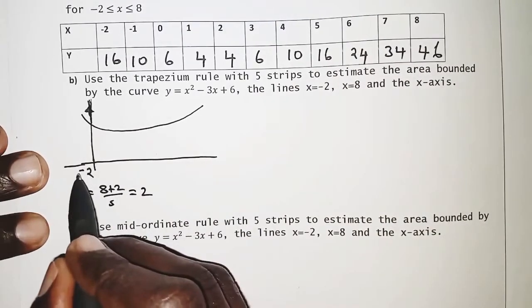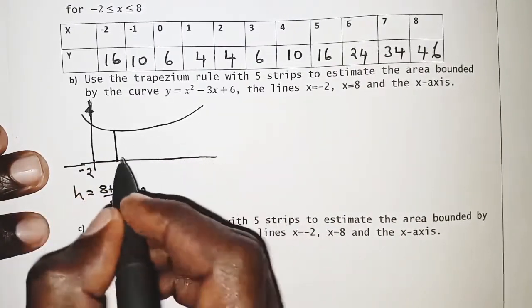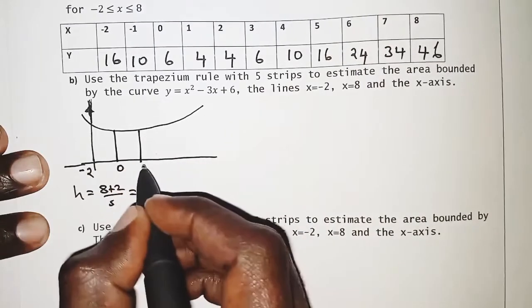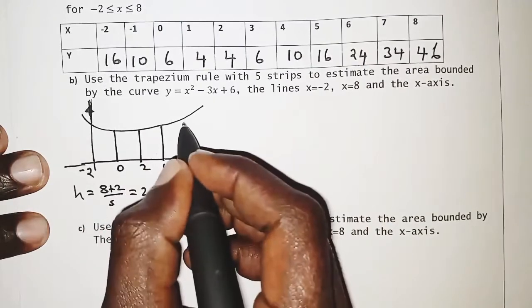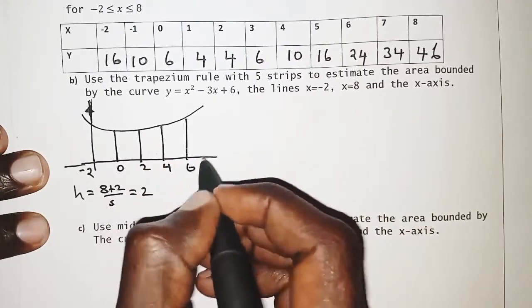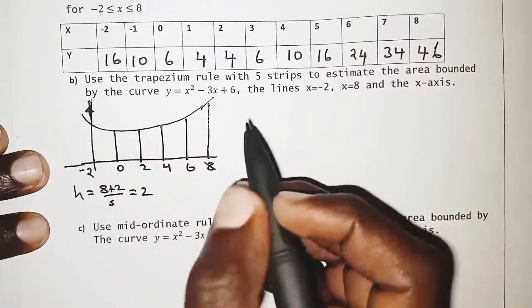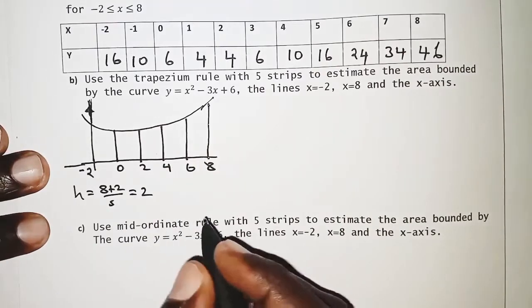So from -2, we move 2 steps, and that takes us to 0, then 2 steps again, 2, another 2 steps, 4, next 6, and finally we will have 8. So that we have 1, 2, 3, 4, 5 strips.